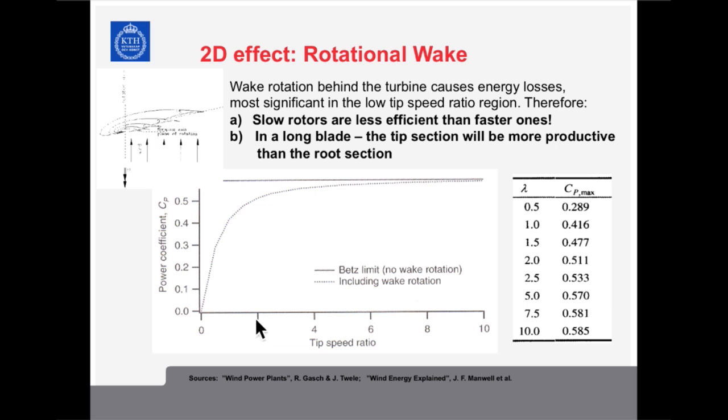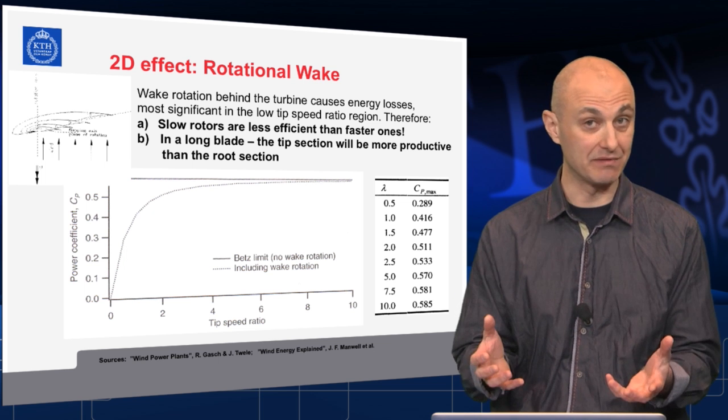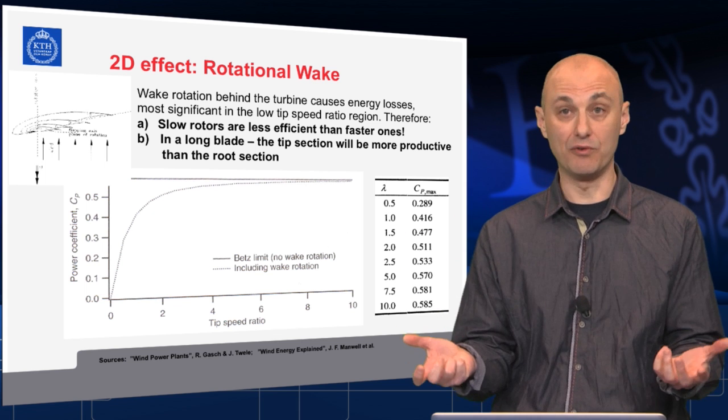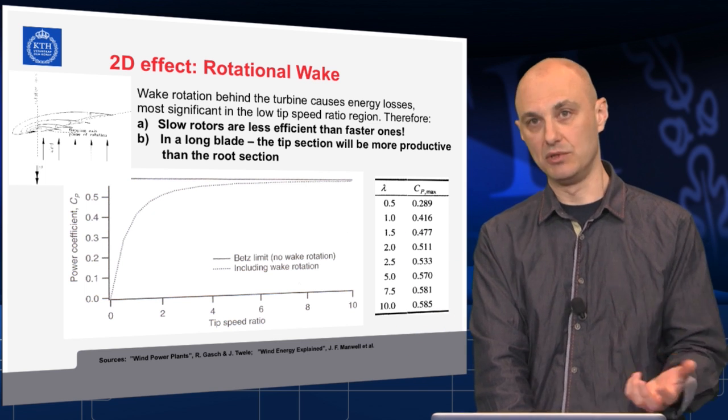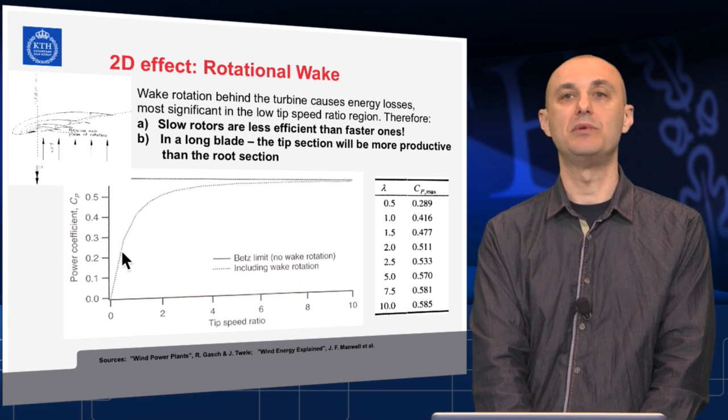For example, if we have a rotor that operates at an optimum tip-speed ratio of 2, it has the chance to be a maximum of 50% efficient. And if we go down to even slower rotors, for example drag turbines that cannot even reach the actual speed of the wind, because otherwise there would be no useful forces on the rotor, they have no chance really to be efficient at all.